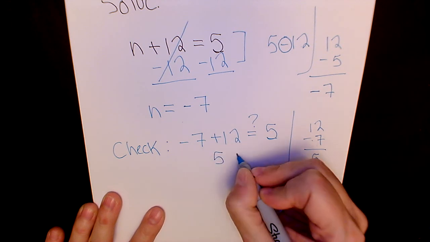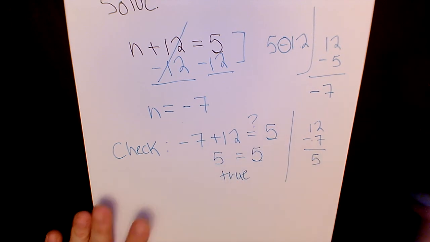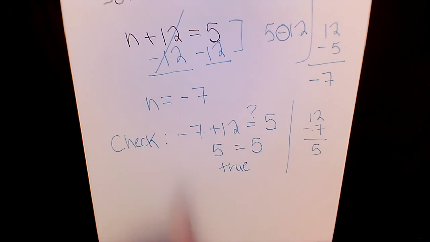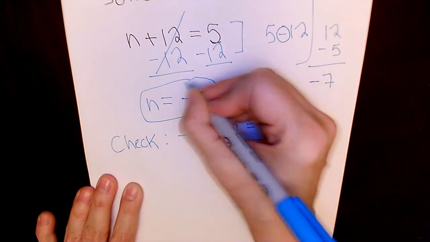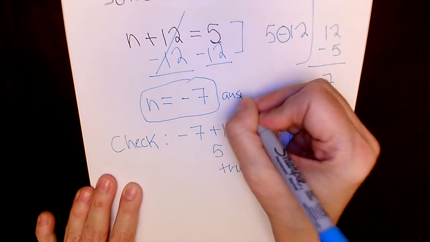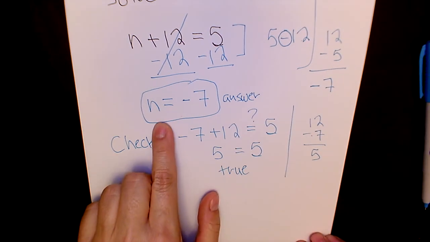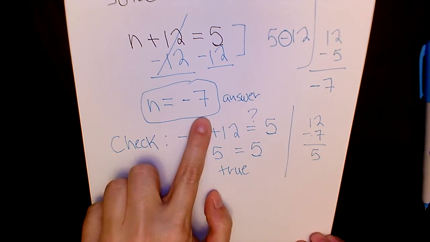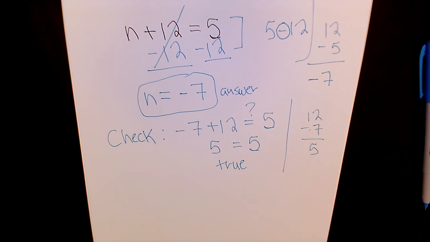So this is 5, and this is 5, so we know we're right. So my final answer is n equals negative 7. And make sure you put the letter, because sometimes some students forget to put the letter and what it equals to, so I know that you know. Okay, that's part A. I'm going to come back and do some more solving.